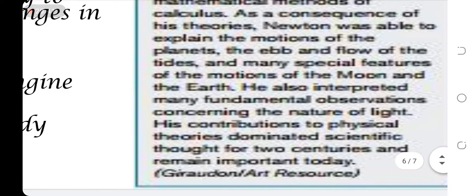He also interpreted many fundamental observations concerning the nature of light. His contribution to physical theories dominated scientific thought for 2 centuries and remains important today.